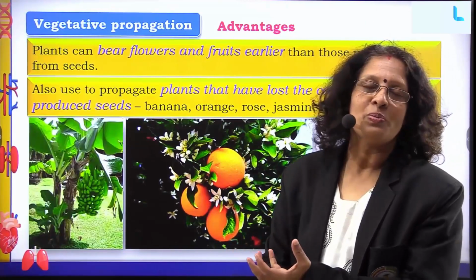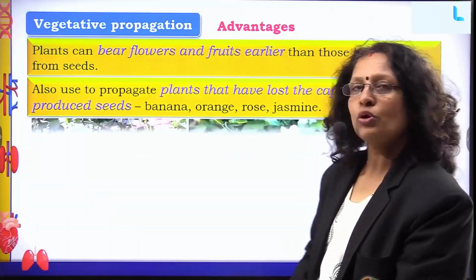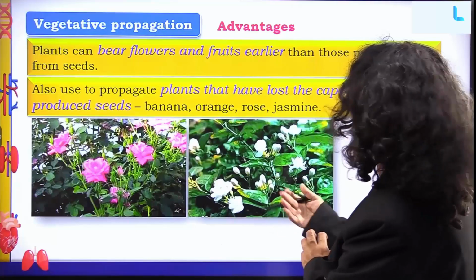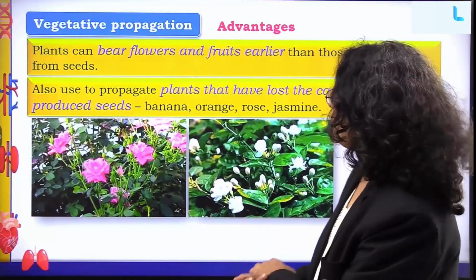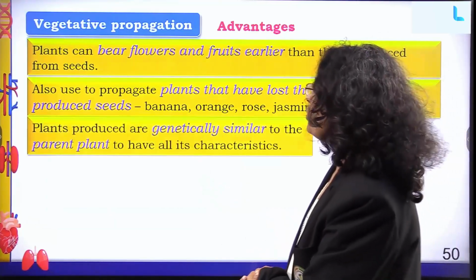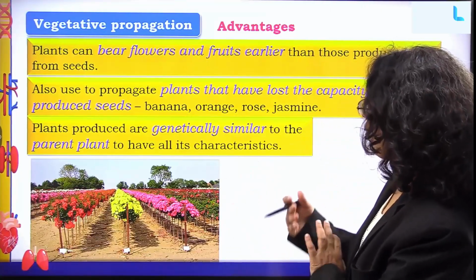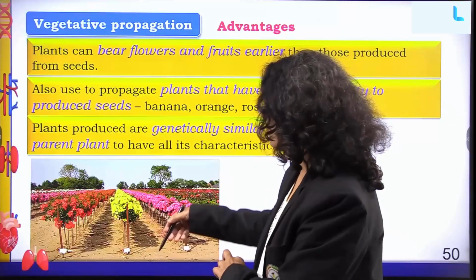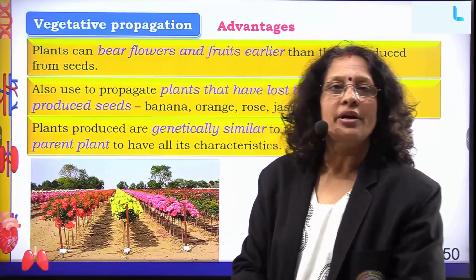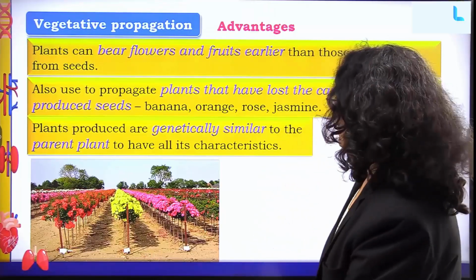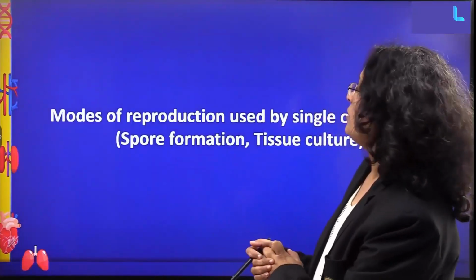You will not see seeds of these plants, but by propagation you can make a new plant, and it can bear flowers and fruits earlier. The new plants are genetically similar to the parent plant and have all its characteristics. This is how gardens are created for flowers.